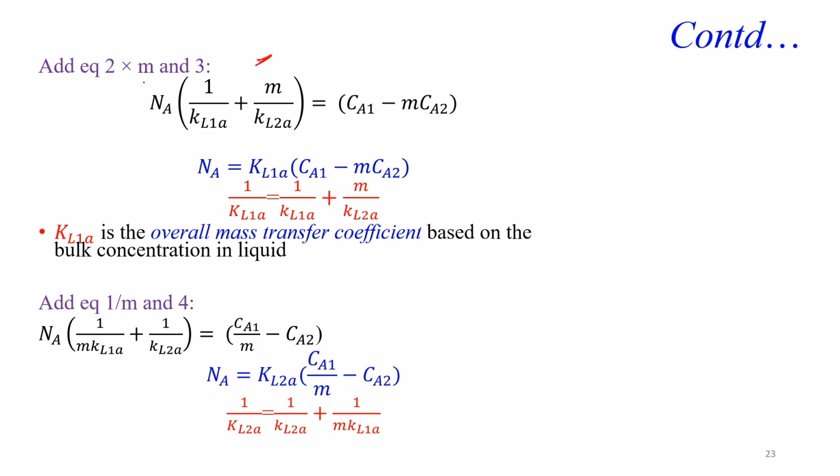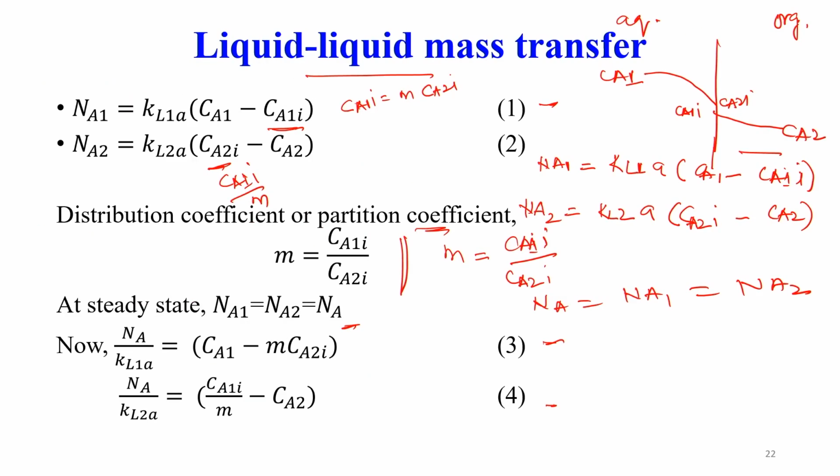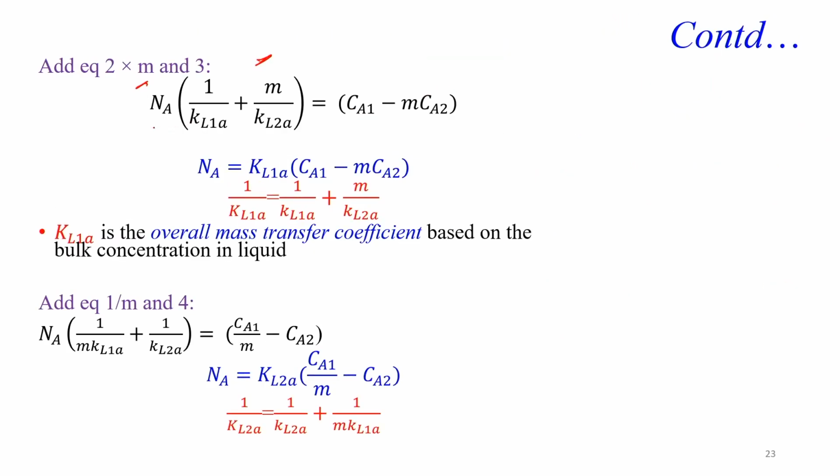So, what we are going to do, in the equation 2 you have to multiply with M. If you just see the equation 2 here, because this is divided by M is there. So, if you multiply here with the M, then you add with equation number 3. So, this becomes Na1 upon KL1 A plus you multiplied with M, Na2 upon KL2 A equals, so Ca1i minus M into Ca2.